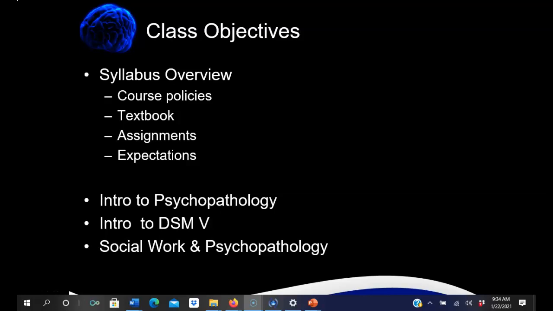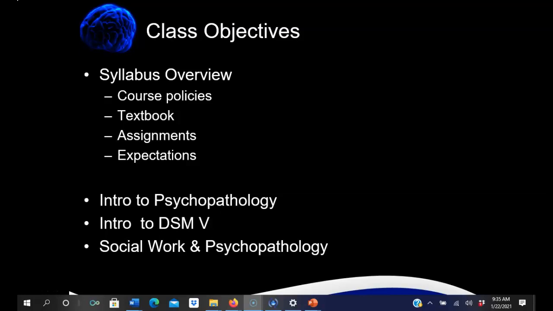In addition, for your case conceptualization, your case analysis and your case study, you'll be using the DSM-5 to identify clinical disorders that clients may be experiencing in the field or in case studies.